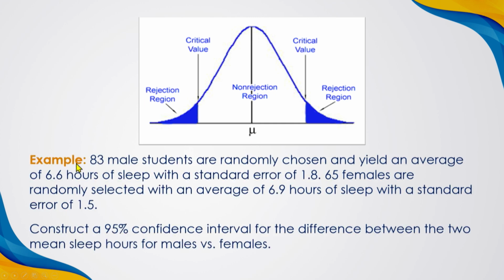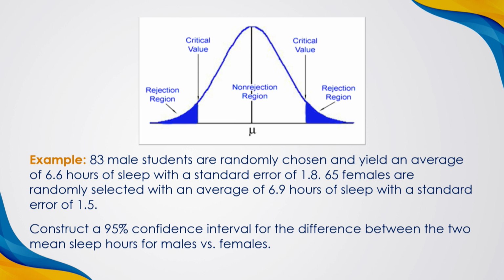Then for example, 80 male students are randomly chosen and yield an average of 6.6 hours of sleep with a standard error of 1.8. 65 females are randomly selected with an average of 6.9 hours of sleep with a standard error of 1.5.